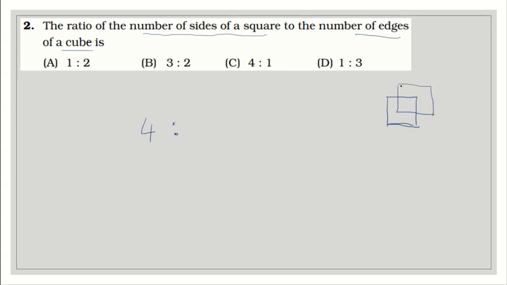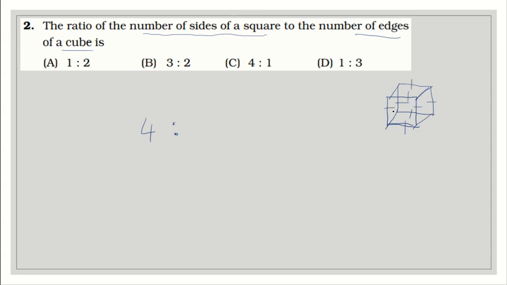Children, it's a three-dimensional object with length, breadth and height. You count now how many edges are there. These line segments are called edges. Along the length I have 1 2 3 4, so 4. Along the breadth I have 4.